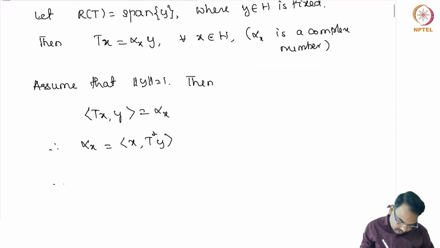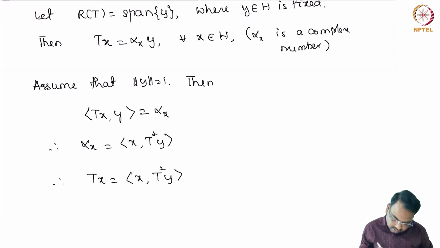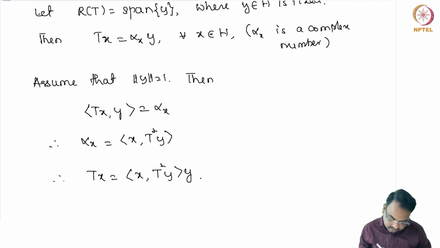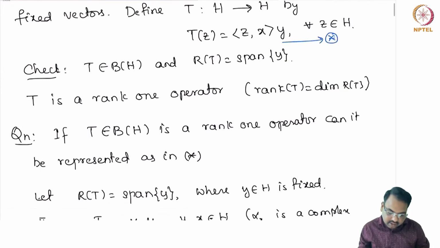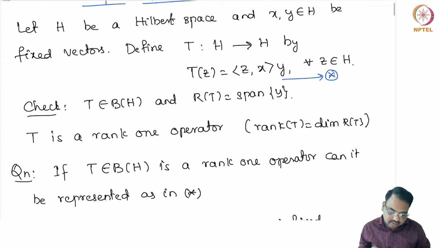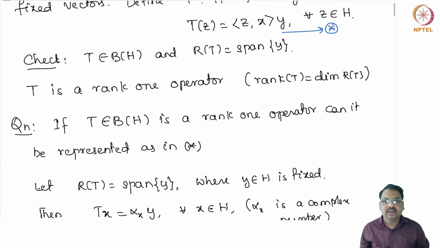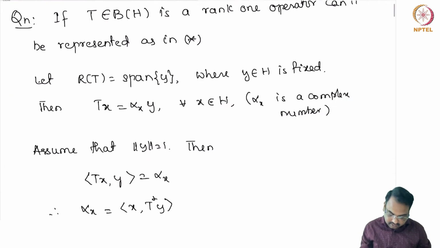Hence Tx is the inner product of x with T star y, multiplied by y. We can call this vector T star y as some z. So this is exactly in the form that we have discussed earlier.